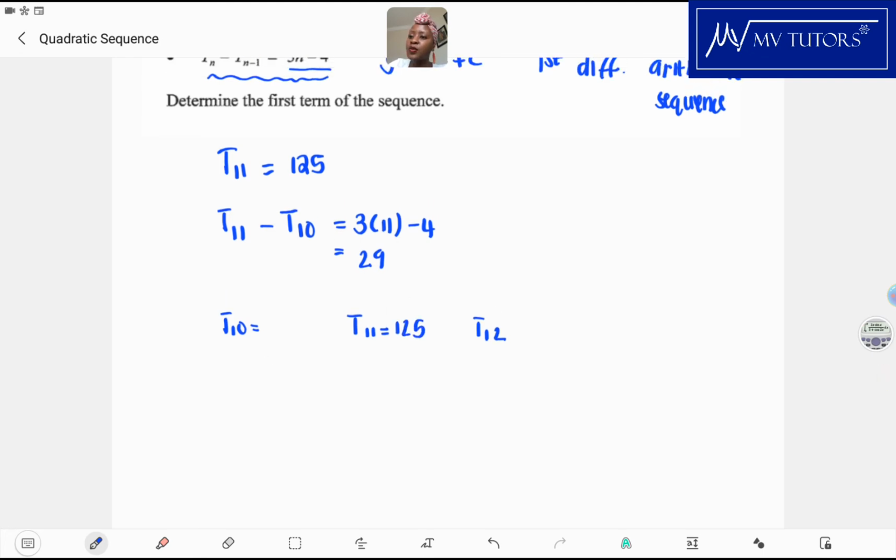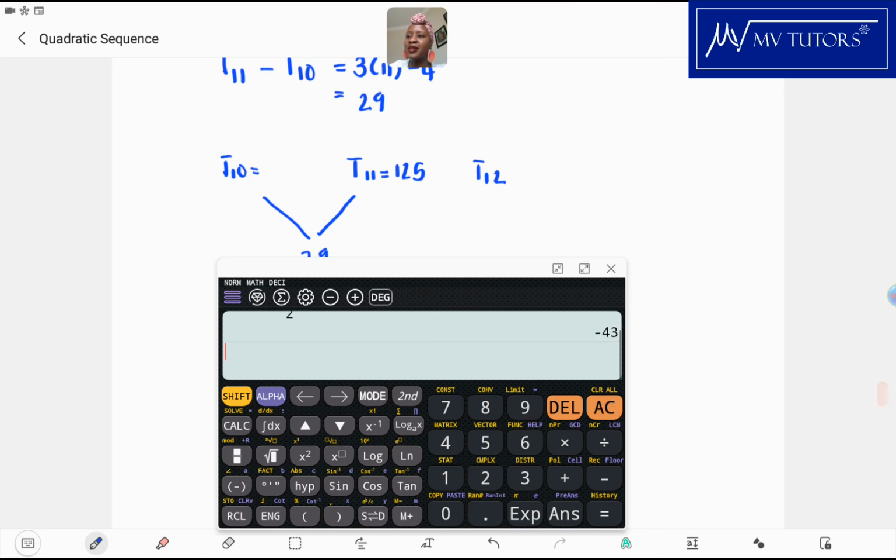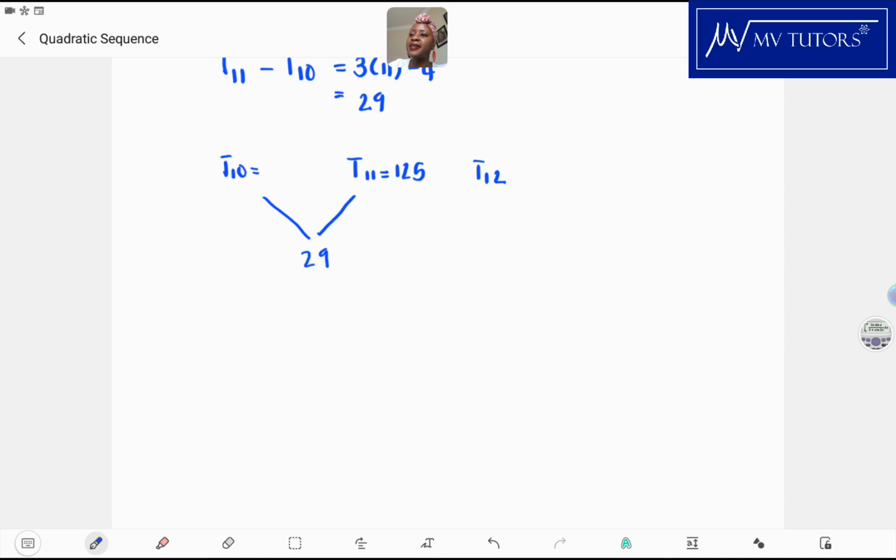Okay, so the first difference there would be 29. Okay, and then I would say 125 minus 29. Okay, I'm not going to calculate that in my head. Okay, so 125 minus 29. So I know the 10th term is 96.